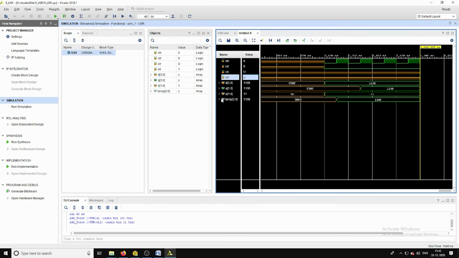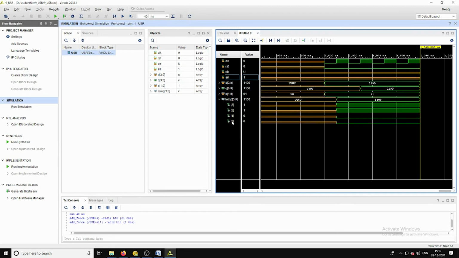This value is going to be appended with respect to the clock event, and it is transferred towards the left-hand side.